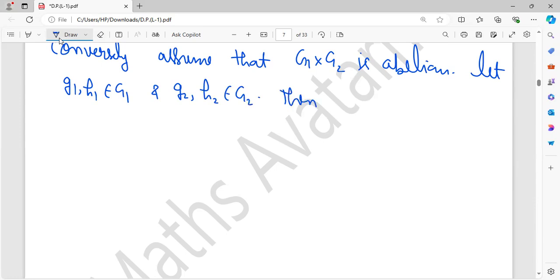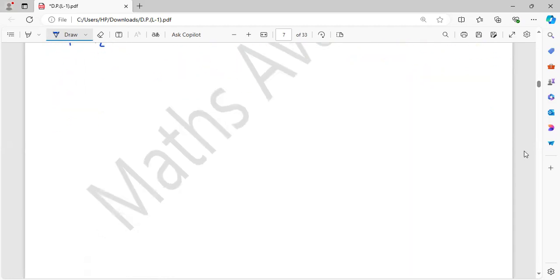Then (g1, g2) and (h1, h2) belong to G1 Cartesian G2. Okay. Now G1 cross G2 is abelian.